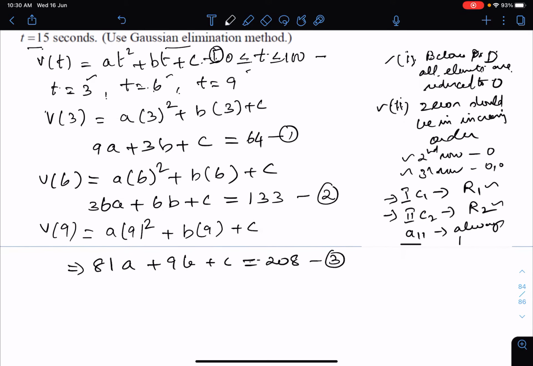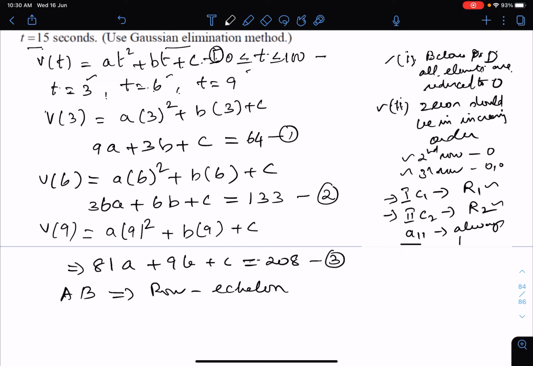From these 3 you are going to form your augmented matrix A comma B, and then you are going to bring it to row echelon form. What do we know about row echelon form? Below the principal diagonal all the elements are reduced to 0, and the second point is that the zeros should be in increasing order. That is, in the second row if there is 1 zero, in the third row it will be 2 zeros or more.